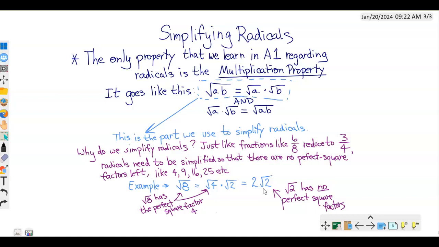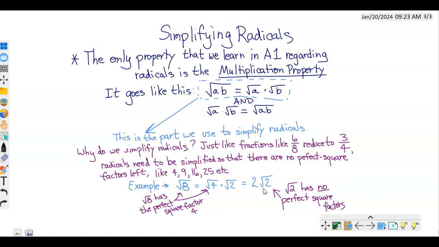When you're dealing with a number that's larger, I just want to say that you have to get a calculator and you have to guess. If it were me, I would make a list of the first several perfect square factors, perfect squares, okay? 36 is 6 squared. 25, 5 squared. 16, 4 squared. 9, 3 squared.